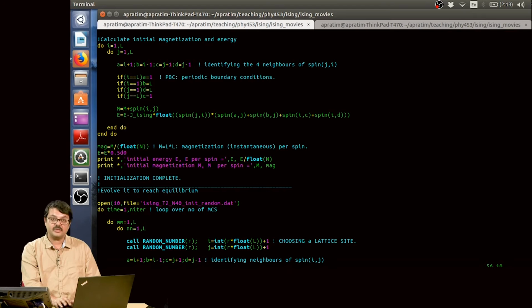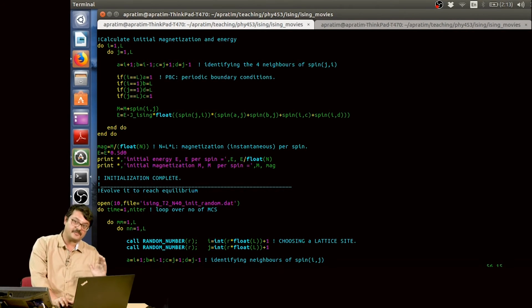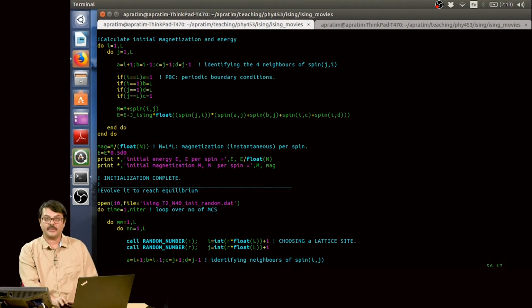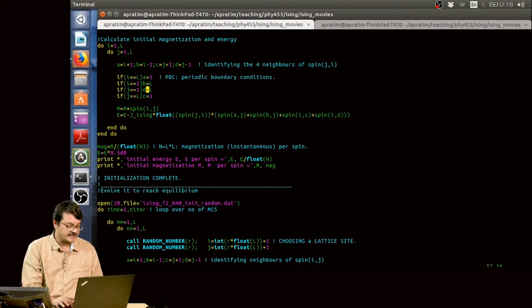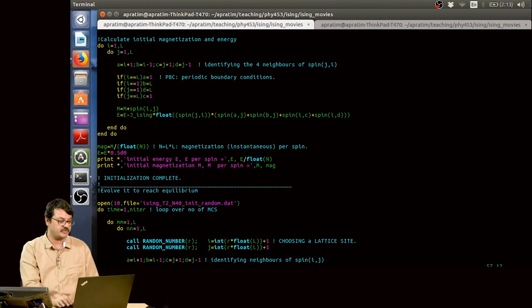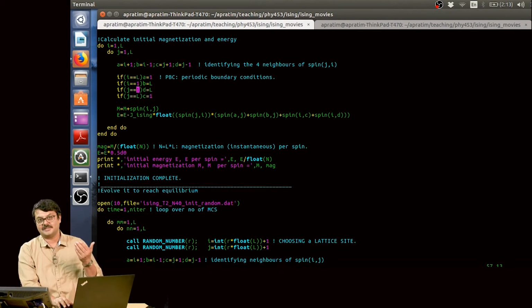Similarly, if I equal to 1, which is the left boundary, then the neighbor to the left of this one is equal to L. It is basically the periodic boundary conditions which we discussed in the past. And similarly, for these two conditions, if j equal to 1, which is at the top boundary of the lattice, then the neighboring spin on the top of it is L, and so on and so forth.